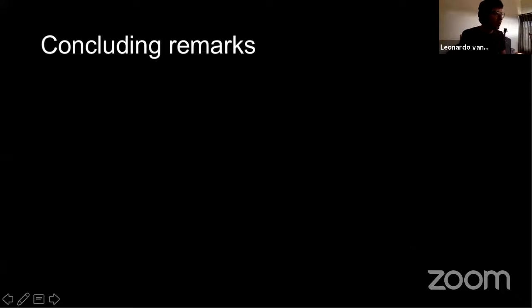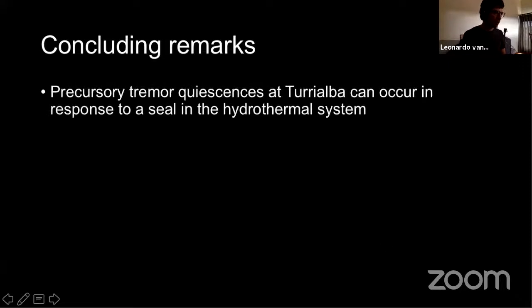And just to conclude, well, for me, the most important thing is that we have this tremor quiescence, and that can occur in response to the hydrothermal system. So these are important signs that we have to look for.